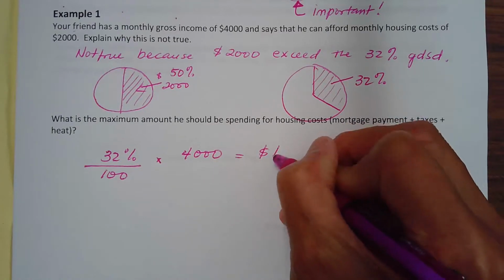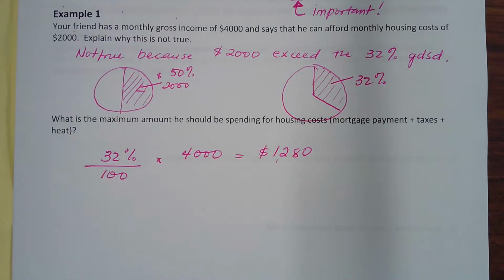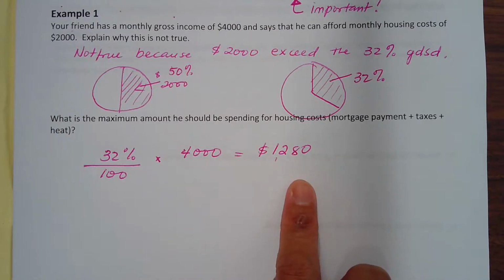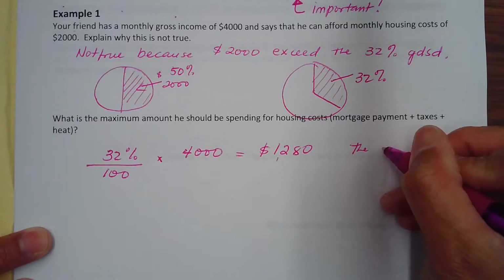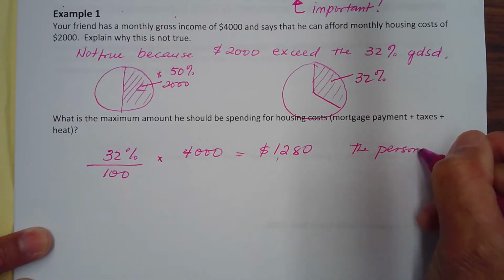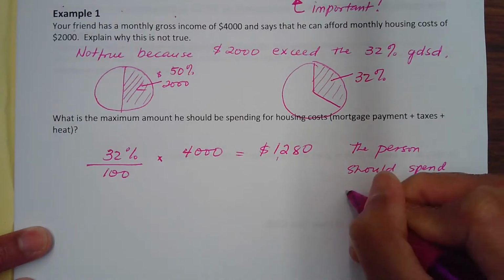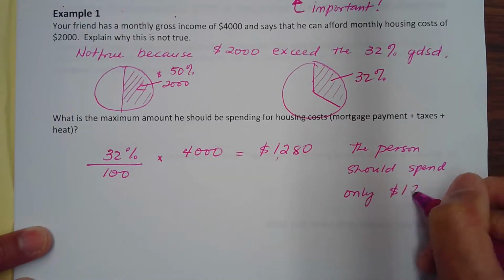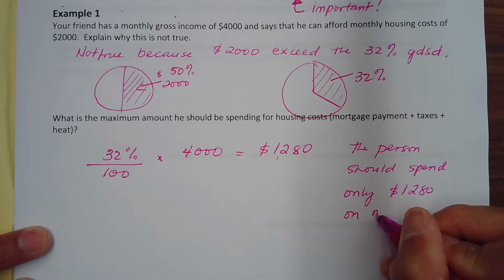I'm only getting $1,280. So he should only be spending $1,280 on mortgage payment.